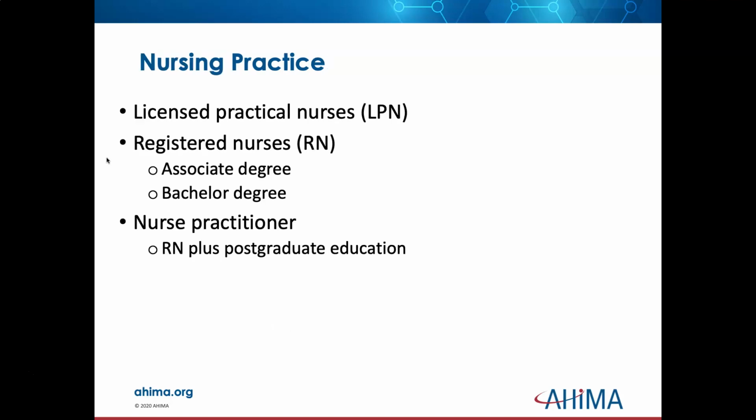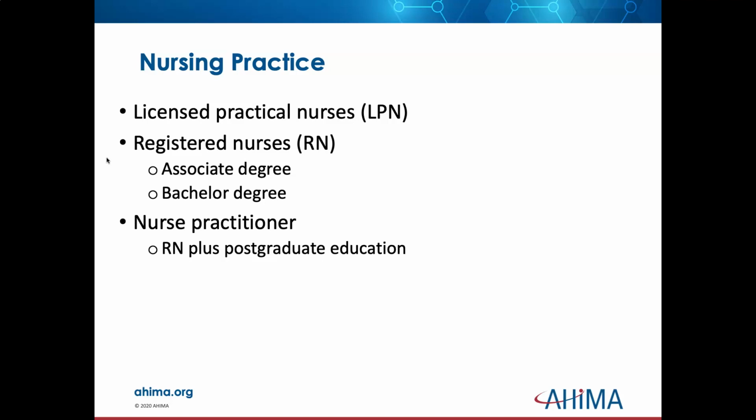Nursing practice. There are different types of nurses. There are licensed practical nurses called LPNs. There are also registered nurses. It doesn't have it on here, but there are BSNs, which are registered nurses with a bachelor's degree. If you just see an RN, that probably means they have an associate's degree, because they typically have the initials BSN if they are a bachelor's degree registered nurse.